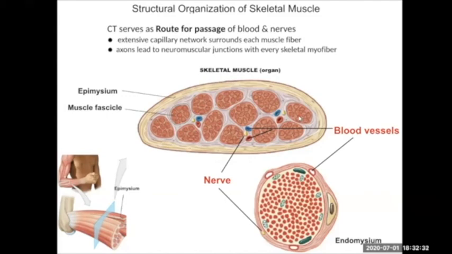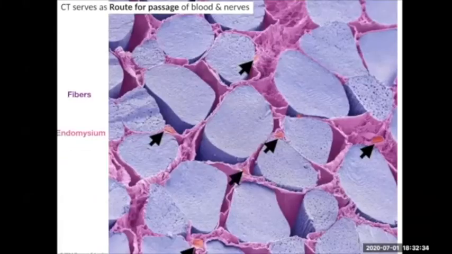And then the last thing is that, remember, well, maybe you don't remember, but capillaries, right? Oxygen and nutrients are leaving the capillaries like this. All the arrows right here are pointing to little capillaries. And they're leaving the blood vessels and going within the surrounding connective tissue, right? This is loose connective tissue.